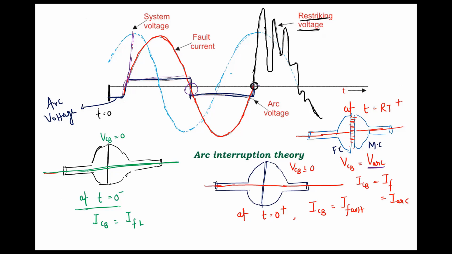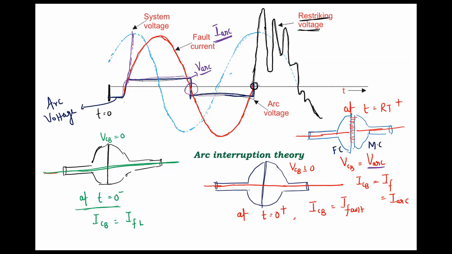We know that arc is purely resistive. So your arc voltage and arc current will be in phase. So fault current is nothing but I arc. Fault current is nothing but the arc current. So arc current and this is nothing but the arc voltage V arc. Since arc is purely resistive, your arc current and arc voltage are in phase, and arc voltage is very small when compared to the fault current.